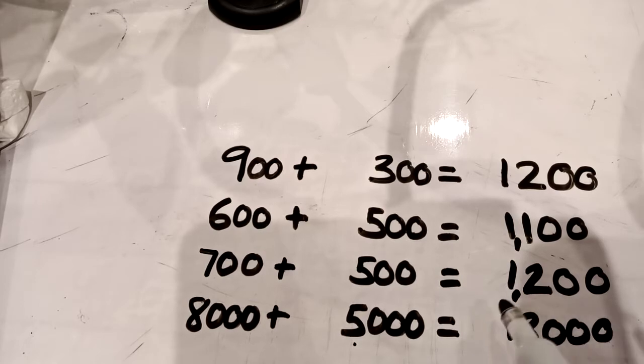Because this is such a mouthful and an eyeful to say, I'm going to use commas. And what's the rule of commas? You bundle them in threes, don't you? So 1, 2, 3, and then you put a comma in. So the answer to 8,000 add 5,000 is 13,000. Okay, so that's one of the questions they're going to ask you.